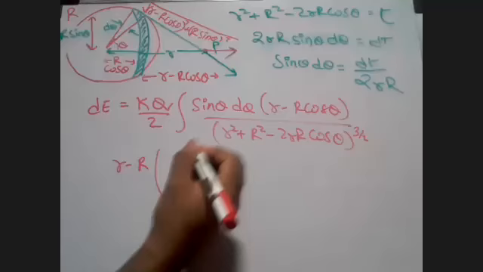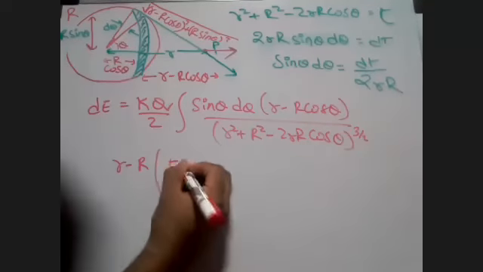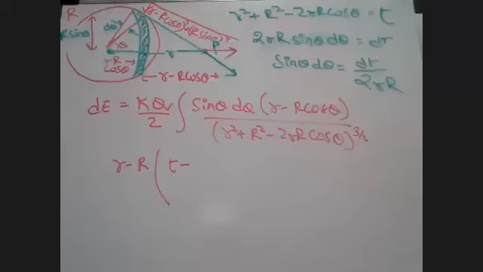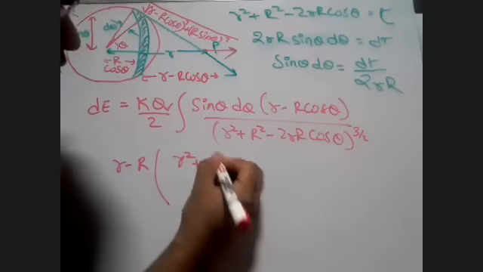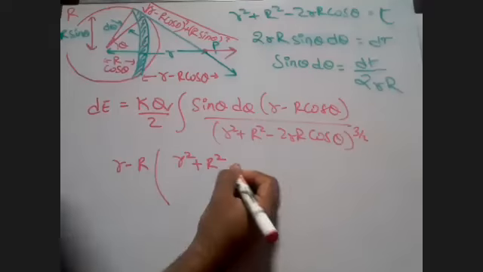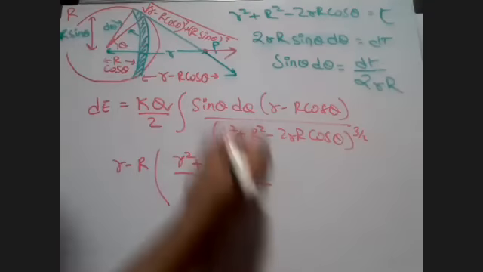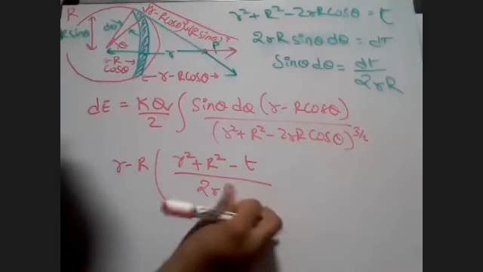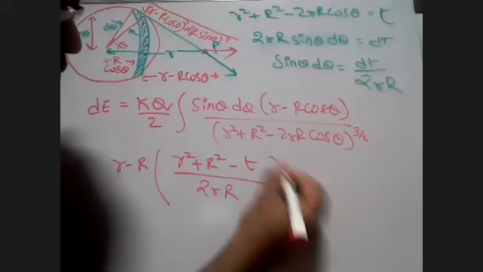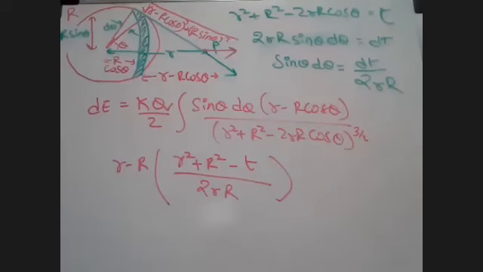It will be r square plus capital R square minus t upon 2rR.